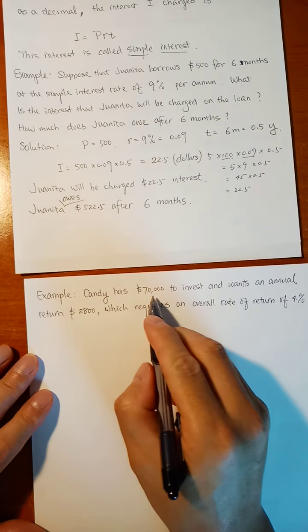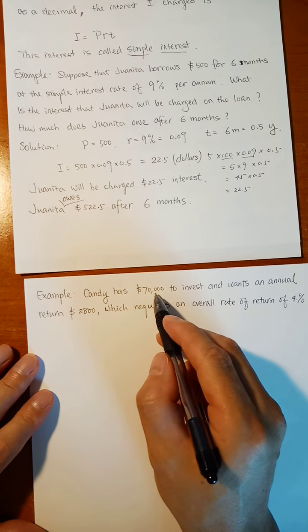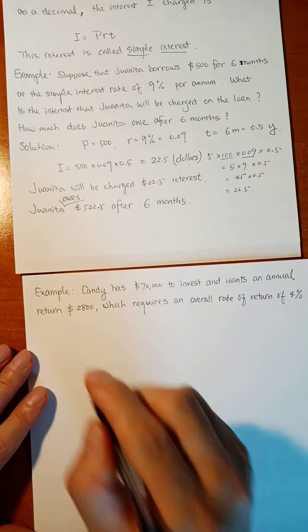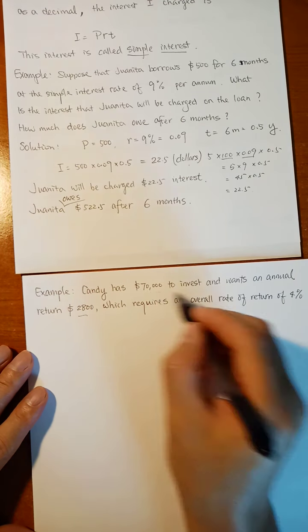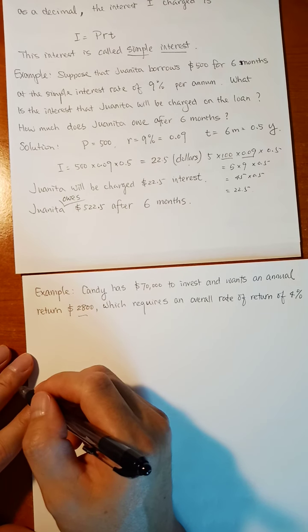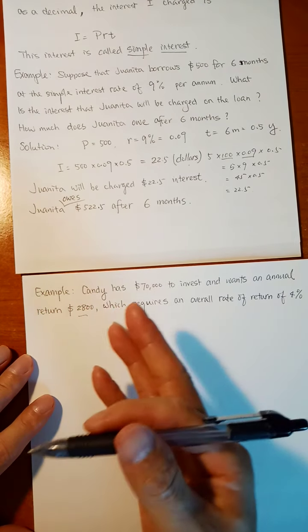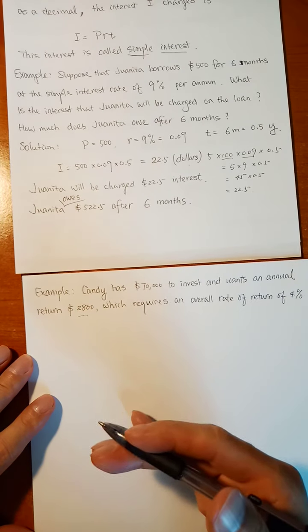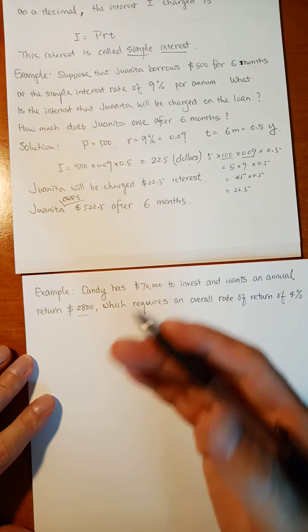You can check that 4% times this $70,000 is exactly this $2,800. So this number over 70,000 is this 4%. Okay, so this is what she wants, and the rest is how she makes it happen.